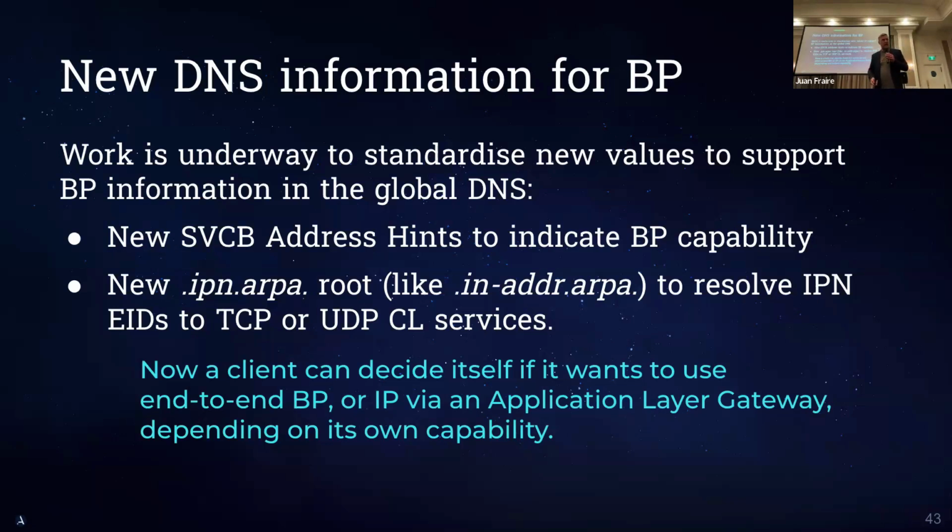I think we should be quite proud of that if we can get that to work, because that means we've landed, we're a thing. And that allows a client to decide for itself, depending on where it is with split horizon DNS, and what its own capabilities are, and what its own policy is on whether it's going to use a native BP stack or an IP stack or some variation of the two.